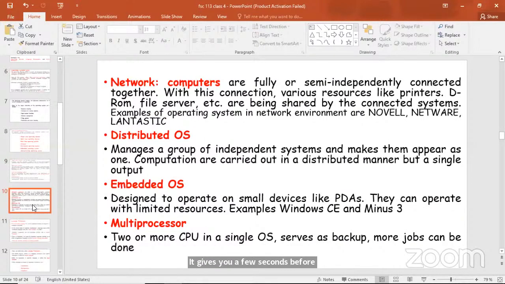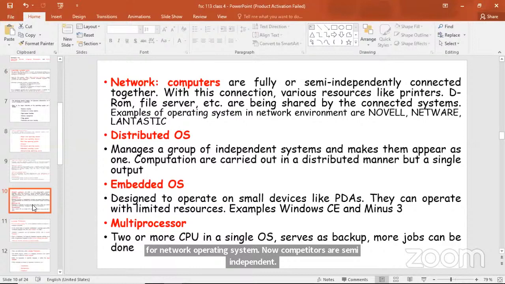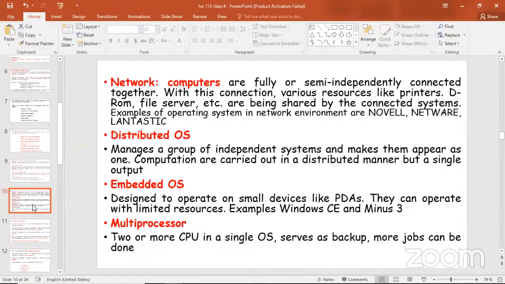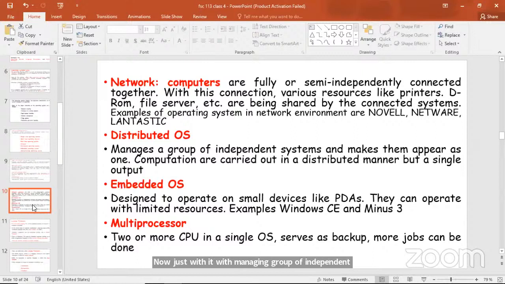Now, for the network operating system, computers are semi-independent, connected together. With this connection, various resources like printers and file servers are shared by the connected systems. Examples of operating systems in a network environment are those, right? So, distributed OS. Distributed OS manages a group of independent systems. Now, you can see networks are semi-independent.